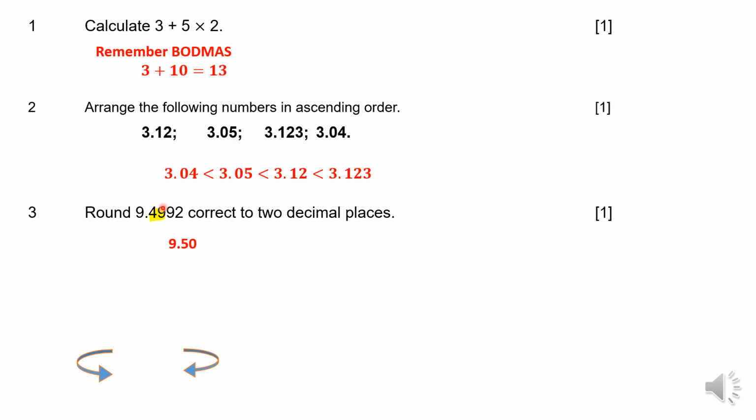It's a 9, so it's rounding this up, and that in turn rounds that tens to 5 tens. So you must be a bit careful that you do not write 9.5. 9.5 will be a wrong answer, because your answer should be given to 2 decimal places, and there must be 2 decimal places in your solution.